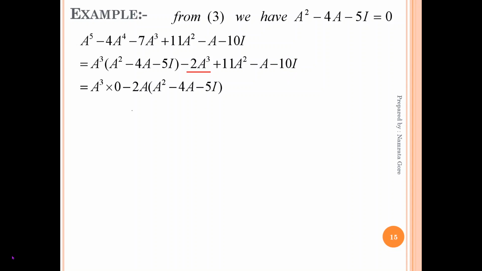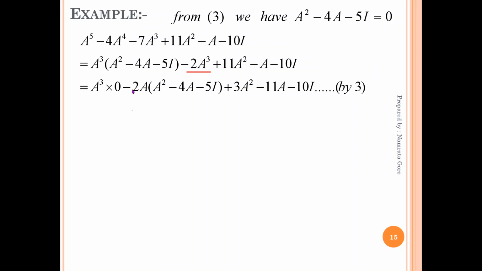So what we are doing, from minus 2A cube we have taken 2A common, and we have in the bracket A square minus 4A minus 5I, and we have adjusted it over here. This is minus 2A into minus 4A, plus 8A square. Out of this plus 8A square is here, so remaining is 3A square.